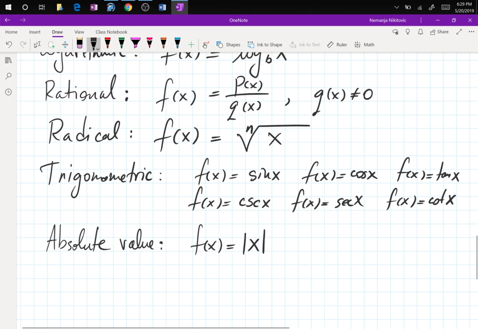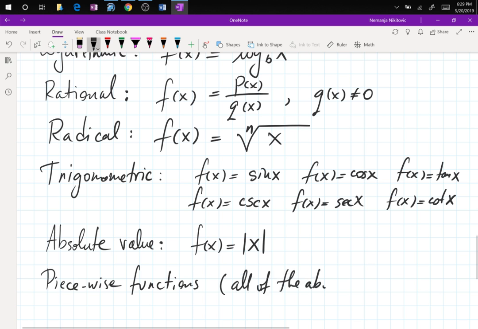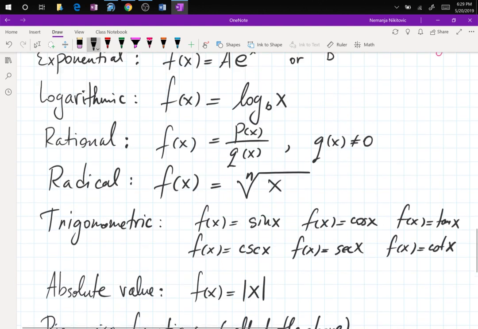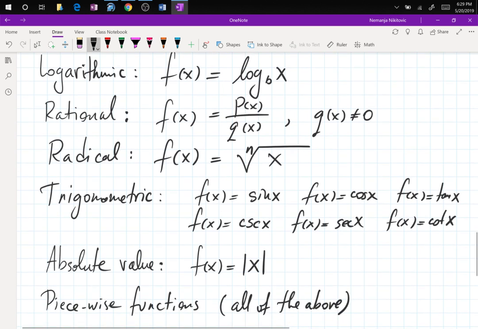A whole bunch of piecewise functions, which are just these other functions stitched together. So these are the main functions.